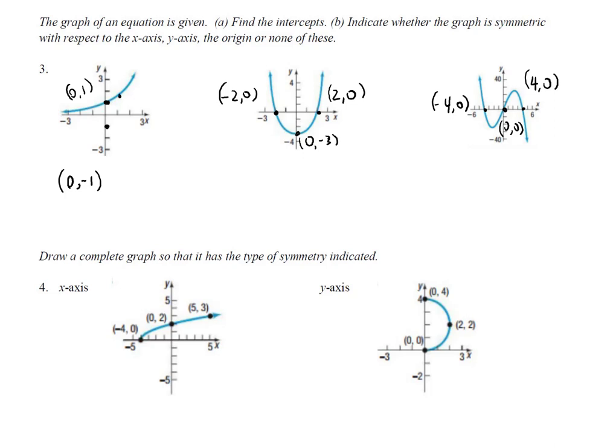I could pick another point like 1, 2 and say, if that is my point, I'm looking for -1, -2 to show y-axis symmetry. Well, that's also not on the graph. So it doesn't have x-axis symmetry or y-axis symmetry.